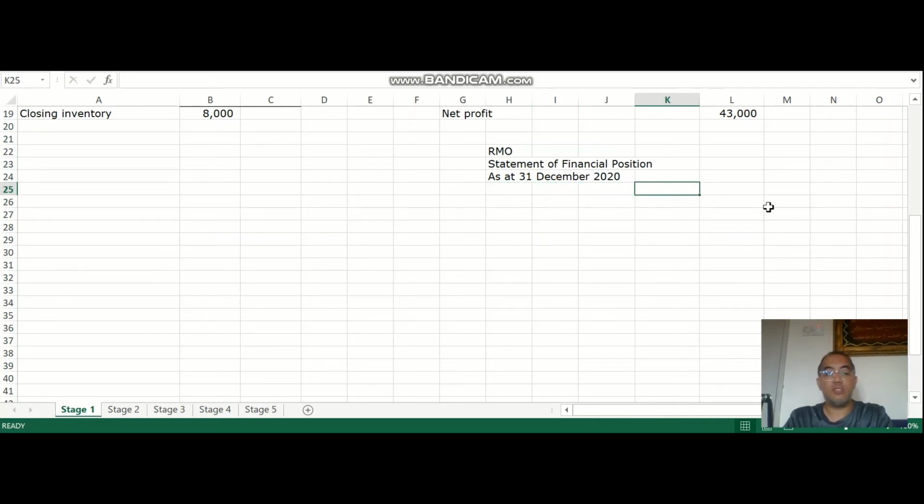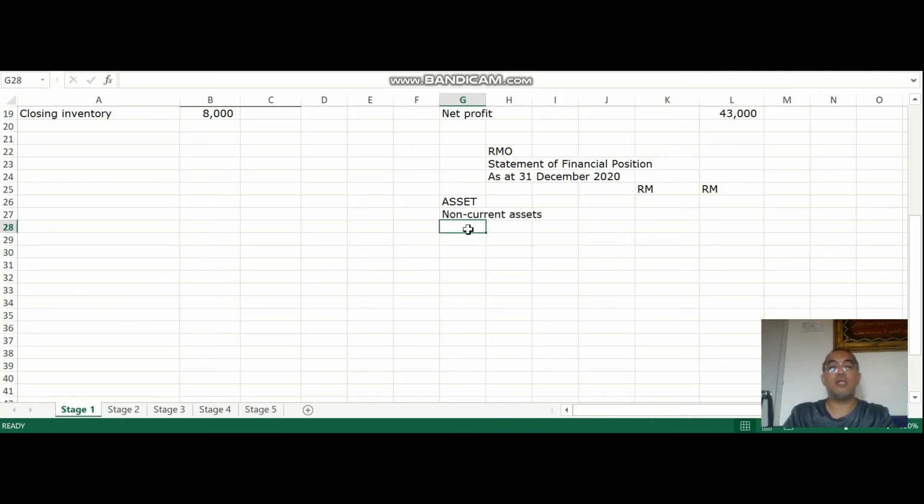As always, I will put here RM and also RM. Next, we have asset. Our asset consists of two: non-current asset and current asset. We start with non-current asset first.